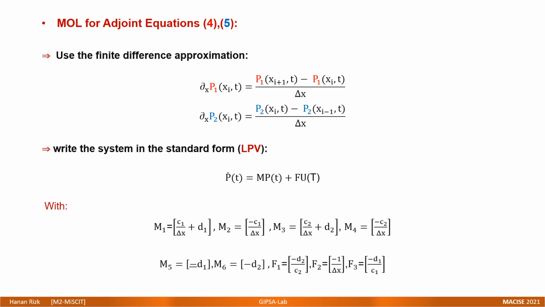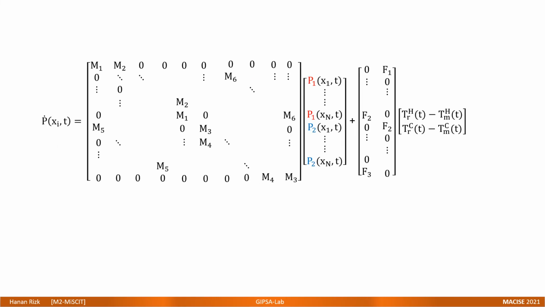Next, we define the matrices M and F. In order to improve the clarity of exposition, we will represent the large messy terms with simpler representations, as we see from M1 to M6 and from F2 to F3. At the end of this section, we get the constant variables B1 and B2.